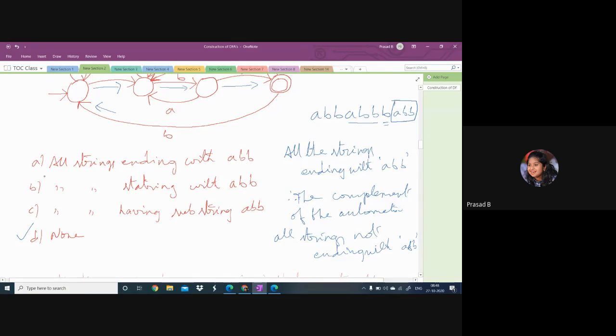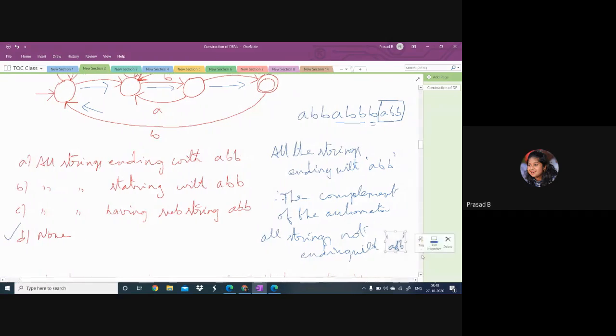Then why did you change the option? That girl, before I gave you the options, told me the right answer. But after options, your answer was wrong. So I missed one case where the string is only ABB, so it will start as well as end with ABB. Okay, so remember, complement means add the word not.